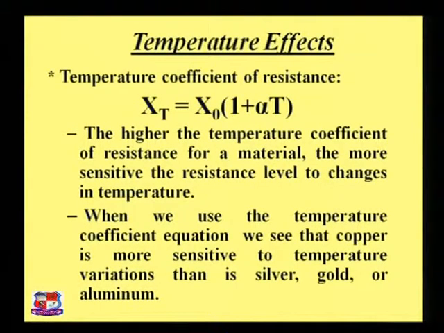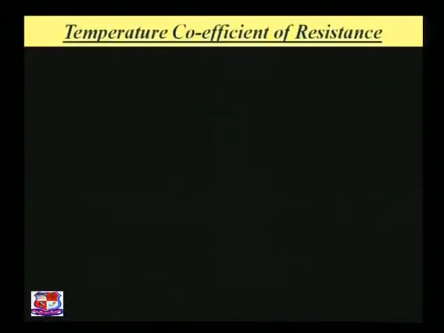When we use the temperature coefficient, we generally prefer a material like copper, because it is more sensitive towards temperature variation than silver, gold or aluminum. So ultimately, copper wire is the preferred material.